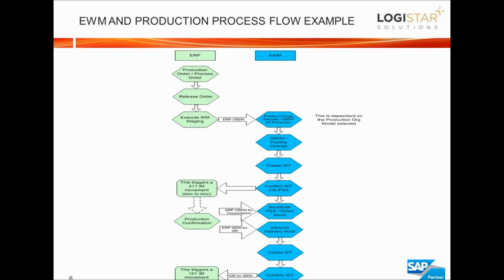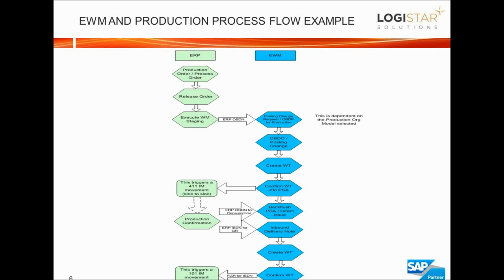At the same time, it can be configured to go ahead and create an inbound delivery out of ERP. That inbound delivery is ultimately your receipt of either your finished good or your WIP material, depending on what stage you are in the process.